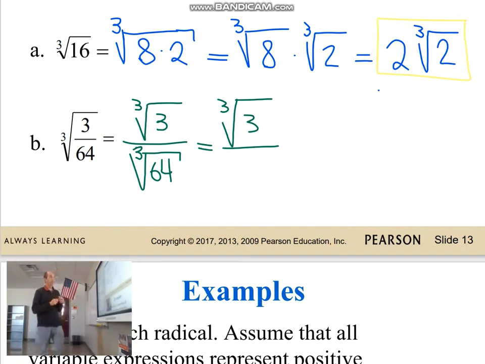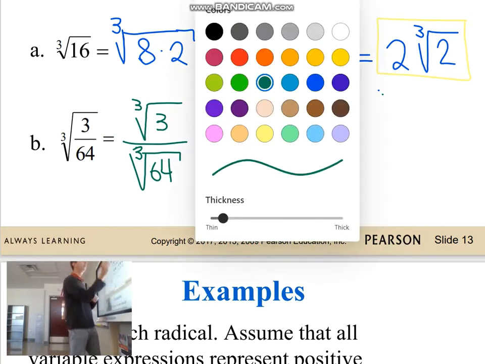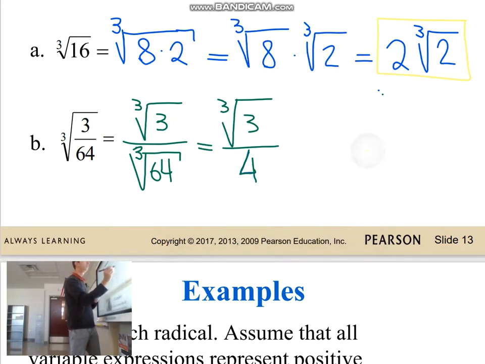The denominator, cube root of 64, 64 is actually a perfect cube. It's 4 cubed, right? So we can find the cube root of 64 as 4. That is going to be the answer. This is equal to cube root of 3 over 4.